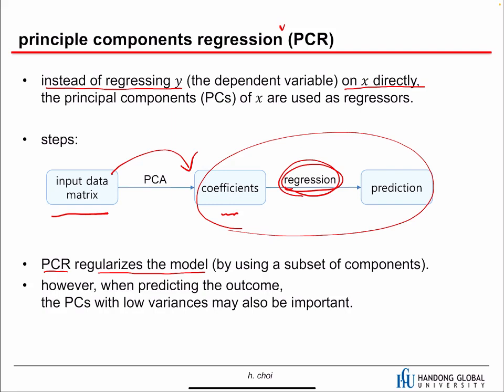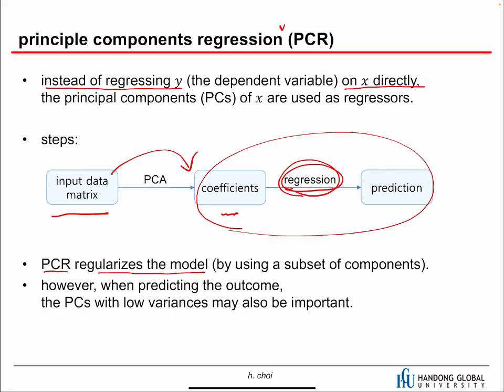So this is kind of a limit of PCA. PCA is interested in the variance. When we project the samples onto a low dimensional space, we want to keep the variance. But sometimes the variance is not important. Important information is hidden sometimes. Then we have to extract that information.